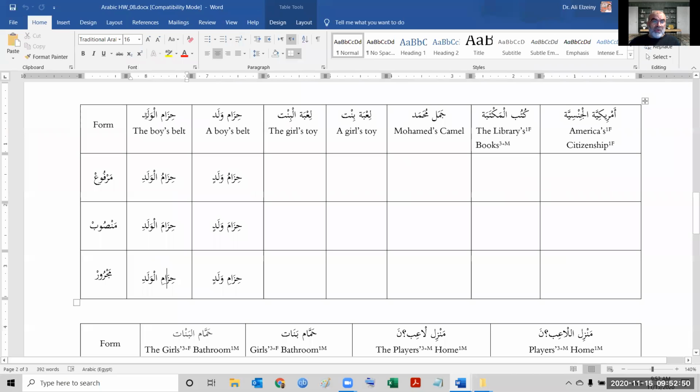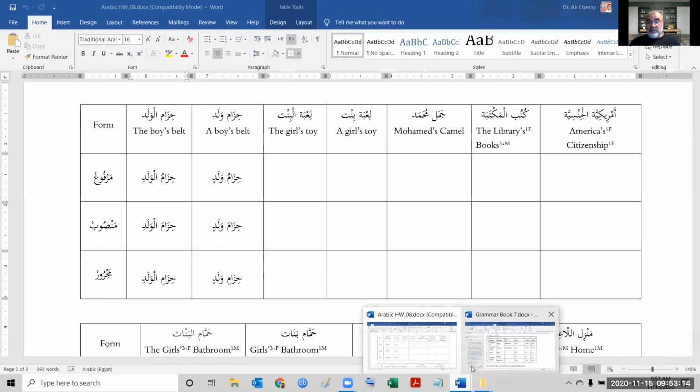Al-walad also: sarf is not forbidden, which means sarf is allowed. But we have alif lam. So alif lam means that it cannot have tanween, but it can have kasra. Because if sarf is not allowed, then this one has to be a fatha, right?